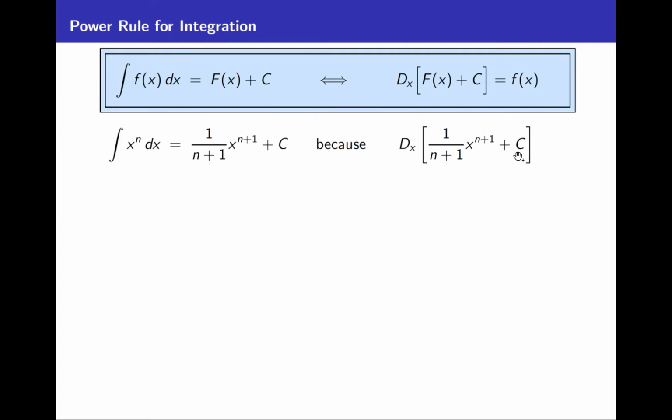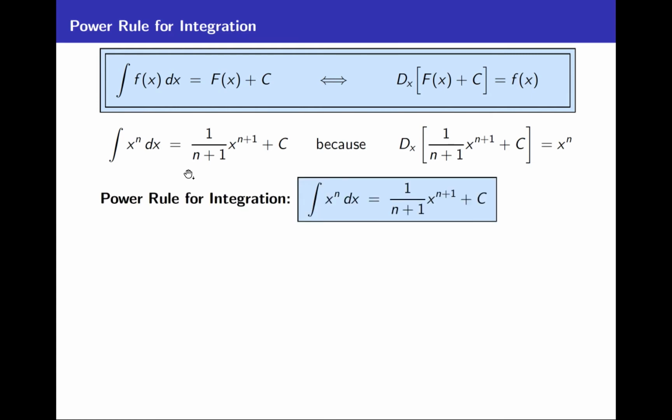And then the derivative of c is 0. So all you're left with is x to the power of n. So we've just confirmed that the derivative of 1 over n plus 1 times x to the power of n plus 1 plus c equals x to the power of n. And that tells us that this equation is true.